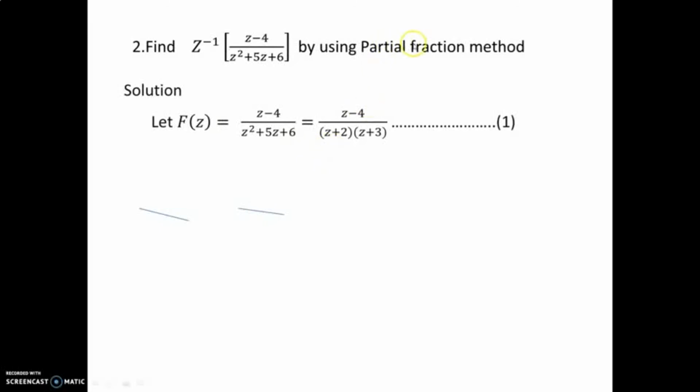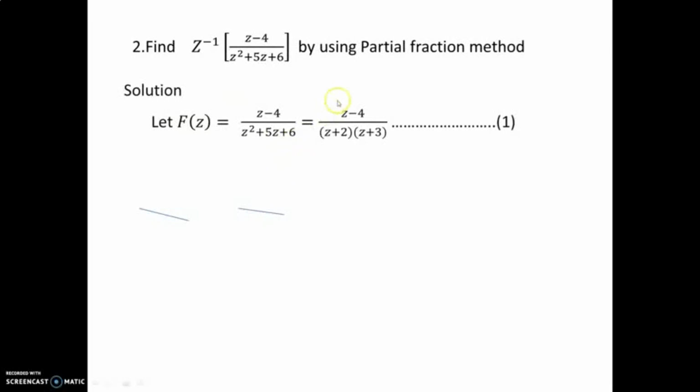Before applying the partial fraction method, check whether the given function is proper or improper. Here the degree of numerator is 1 and the degree of denominator is 2. Therefore, the degree of numerator is strictly less than the degree of denominator. Therefore, the given function f of z is a proper fraction.